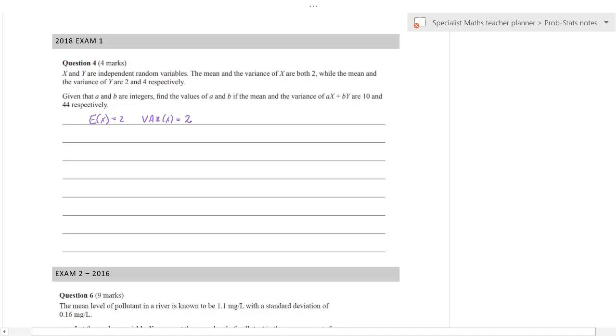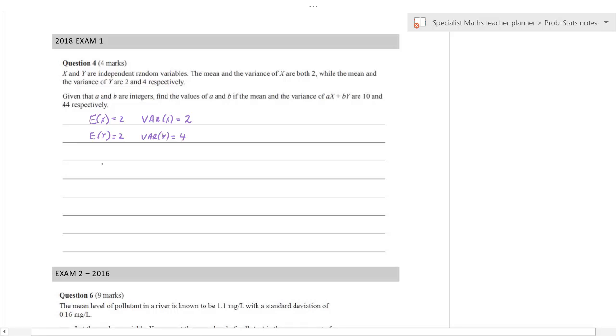The mean and the variance of Y: E(Y) is equal to 2, and the variance of Y is equal to 4. Given that A and B are integers, find the values of A and B if the mean and the variance of AX plus BY are 10 and 44 respectively.